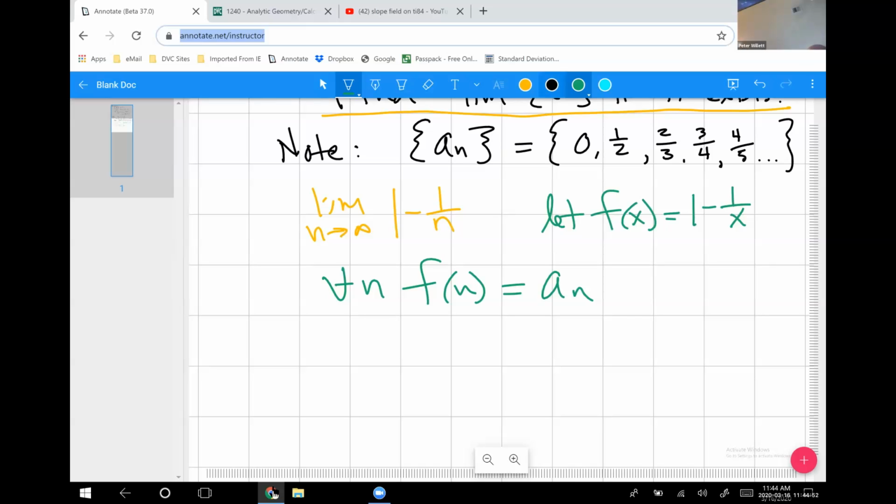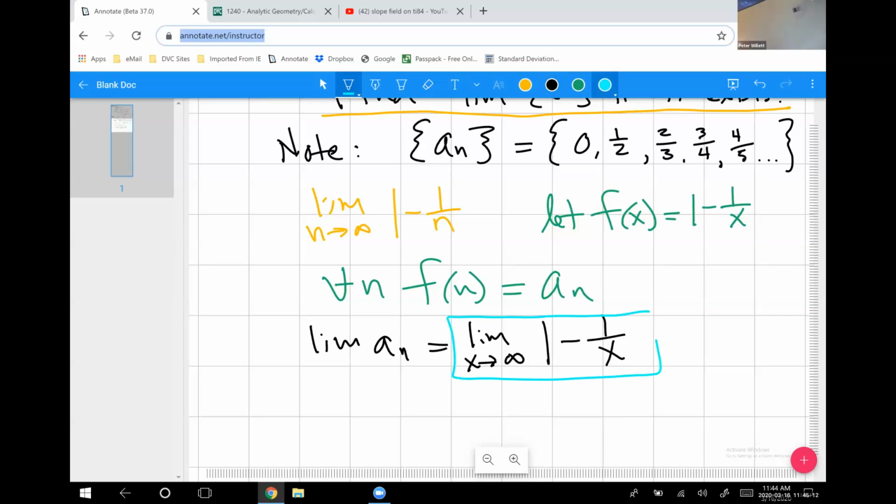Then this tells us that the limit of the a sub n's is equal to the limit as x goes to infinity of 1 minus 1 over x. So evaluating this is what our natural reaction would be to do when trying to evaluate this. But as we've mentioned before, there's the possibility that these aren't always both doable.